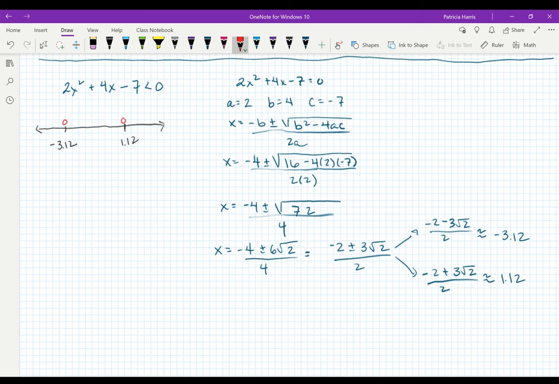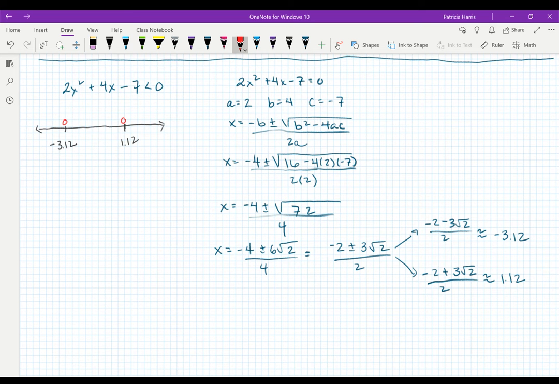Okay. All right. So again, we're going to pick some test values. We're going to pick a test value to the left of -3.12. We're going to pick a test value between -3.12 and 1.12. And then we're going to pick a test value to the right of it. Again, we're looking for truth. So again, pick your test values so they're easy to calculate. You don't have to pick a decimal.